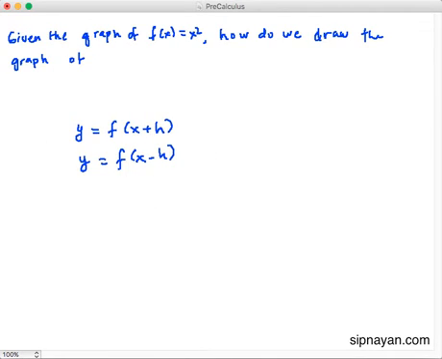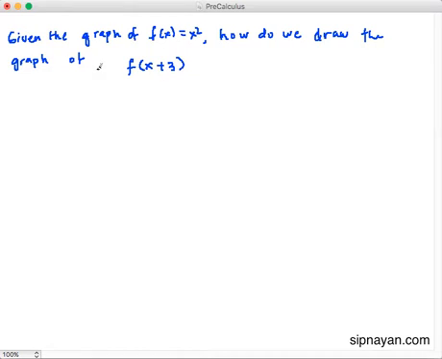But to answer this, we just have to see a specific example. For example, we have f of x plus 3. Ano nangyayari sa graph ng f of x pag nag-plus 3 tayo? So, let's call this function p of x. Pwede namang y, but we name it p of x.